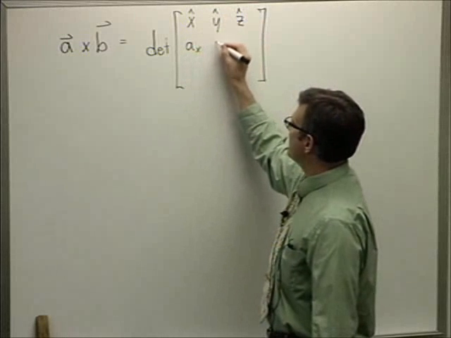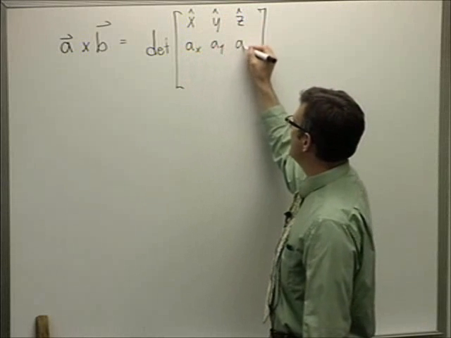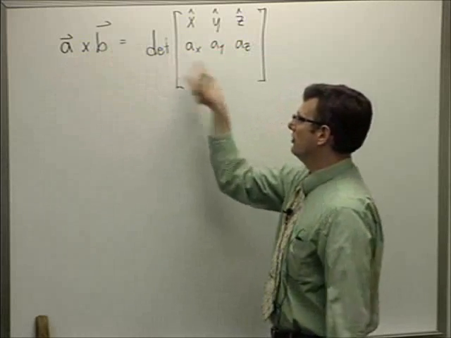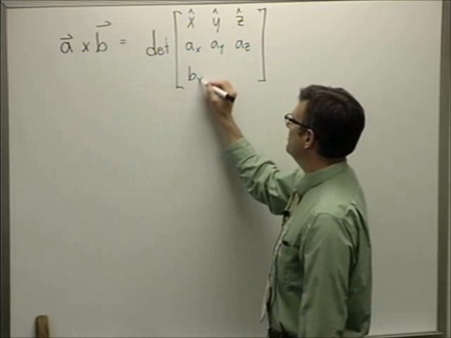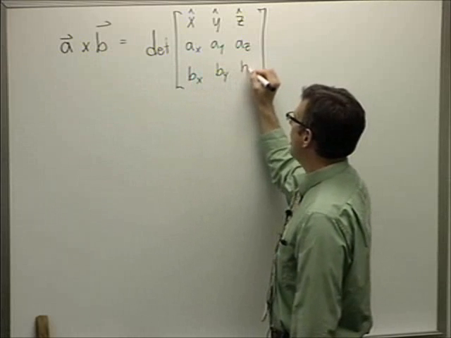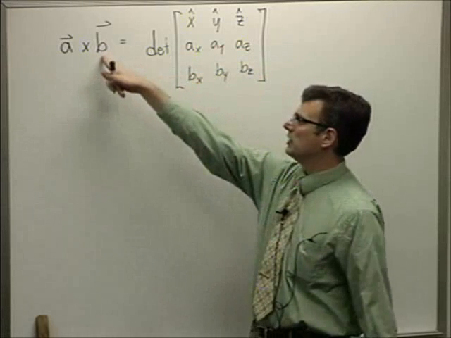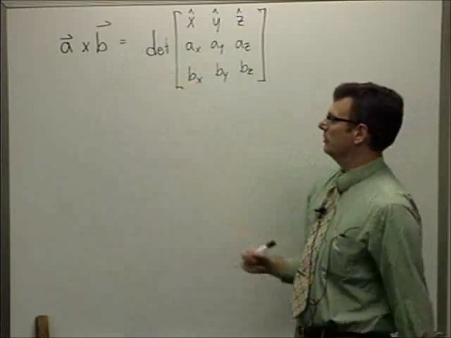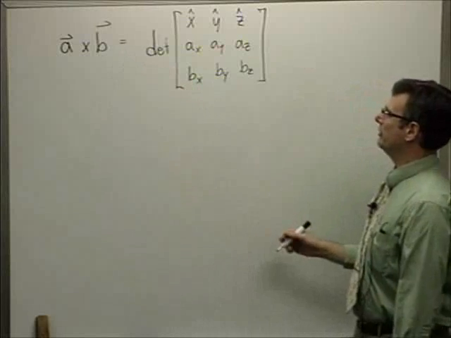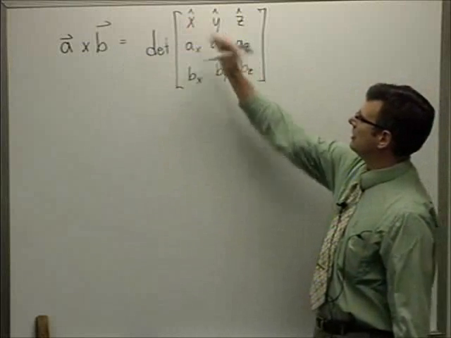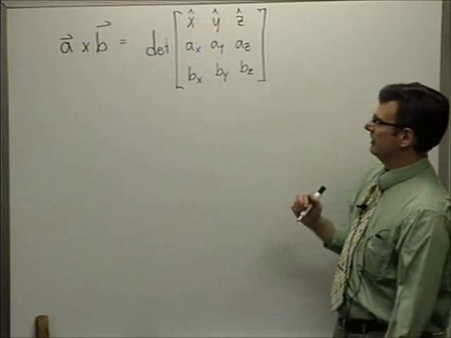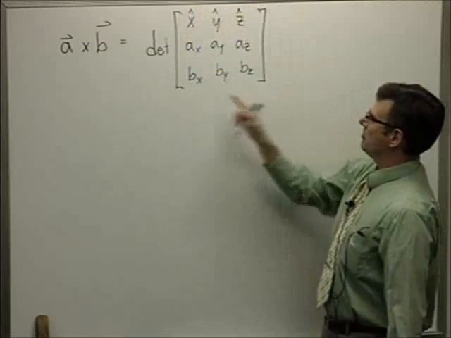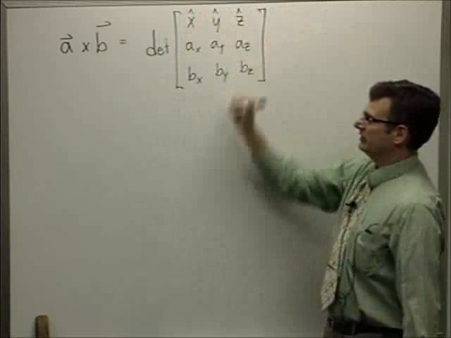You put ax, ay, az, the x, y, z components of your first vector on the second row, and bx, by, bz, the x, y, z components of your second element on the third row. And then you just do a determinant, which of course is a couple different ways to compute a determinant, right? You can do diagonal, diagonal, diagonal, minus diagonal, diagonal, diagonal.